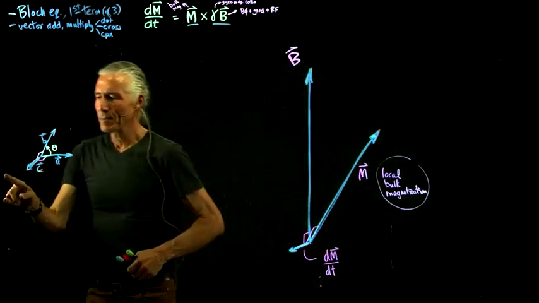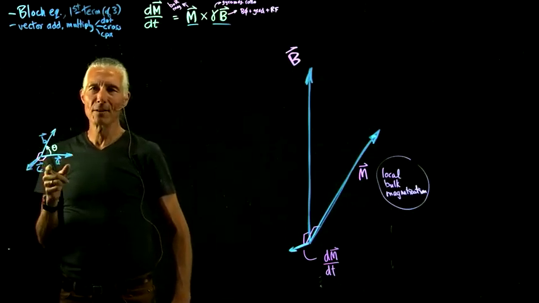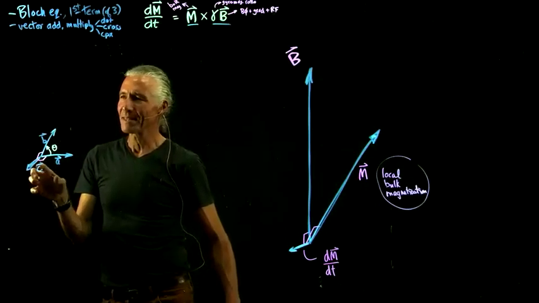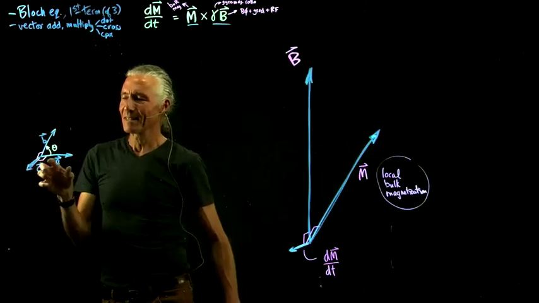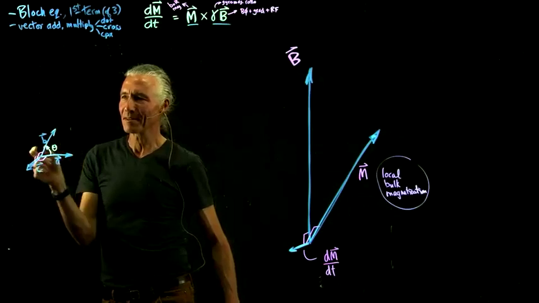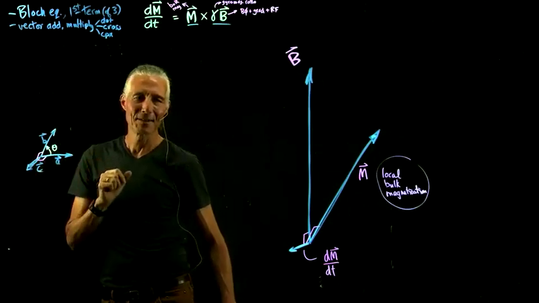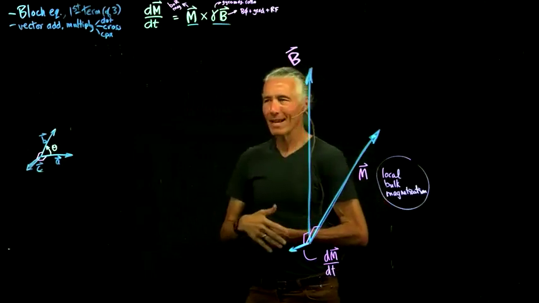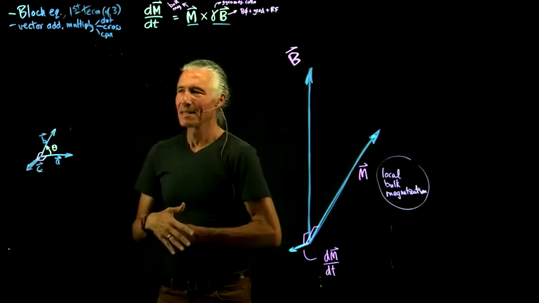One thing that I forgot to mention about the cross product, one thing you can see with the cross product, you can immediately see which way does the arrow point? Is it pointing into the board or out of the board? It's kind of hard to remember. And so there's another right-hand rule, a different right-hand rule.